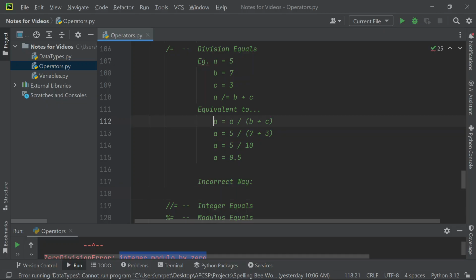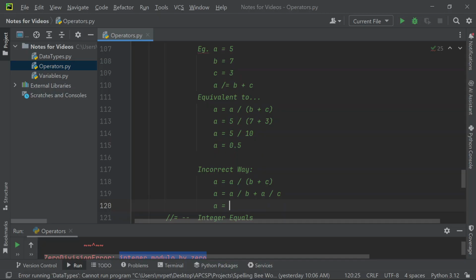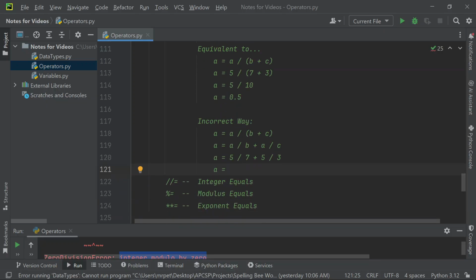Incorrectly, we could take this and say that, and then do this. And then when we substitute, we have 5 divided by 7 plus 5 divided by 3. Is this going to be equal to 0.5? No, this is already greater than 0.5.